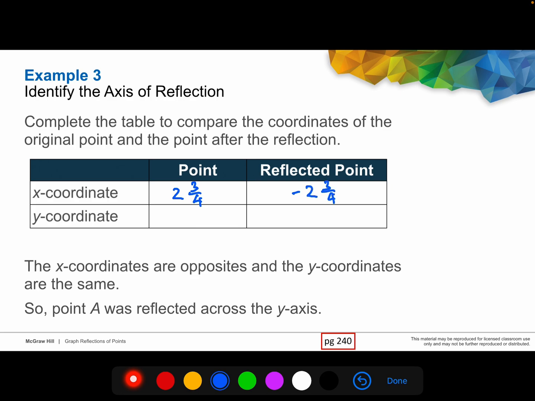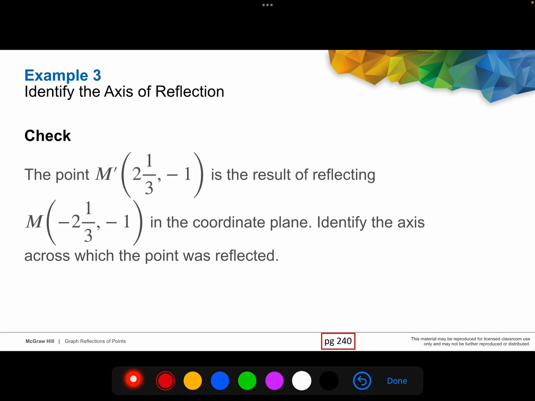The y-coordinate is -4, -4. Now the way you can tell is your y-coordinate stayed the same. Your x-coordinates are opposites. Therefore, you can conclude that point A was reflected across the y-axis. Pause and do the check problem on your own.